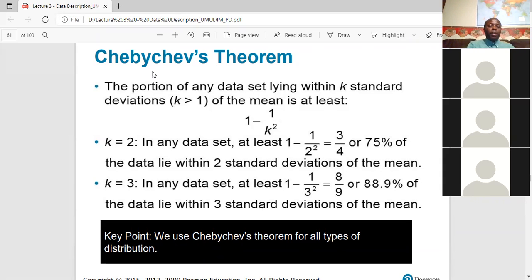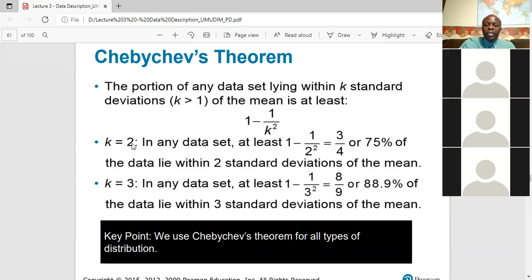According to this theorem, the proportion of any data set lying within K standard deviations of the mean is at least 1 minus 1 over K squared. K is a value you get through a calculation. There's a formula you use for that. I will show you how to get the K. If K is 2, for example, just plug in 2 in this formula and then multiply the answer by 100. I'm going to show you now.